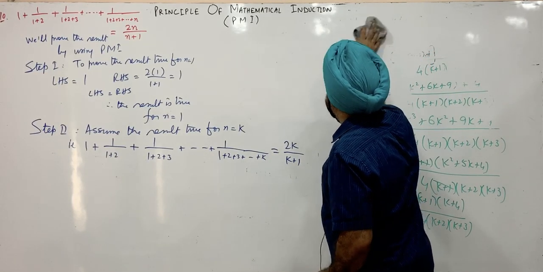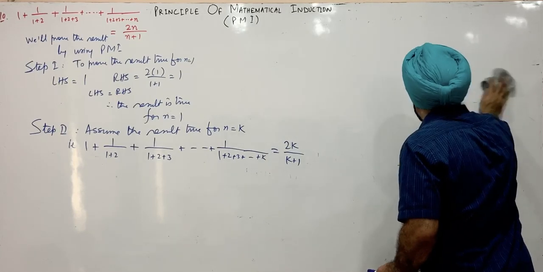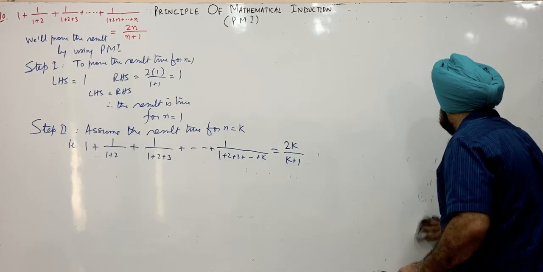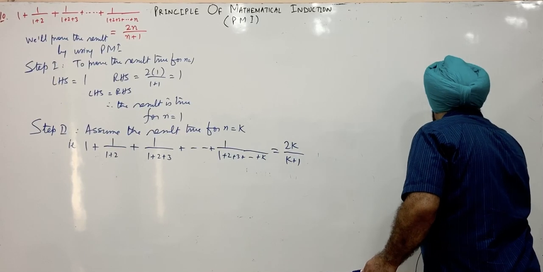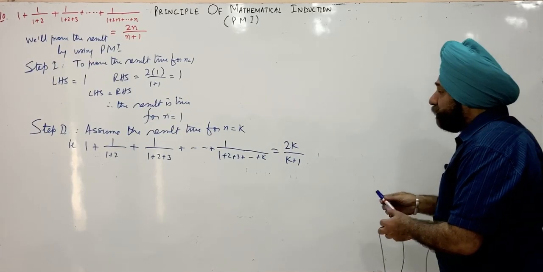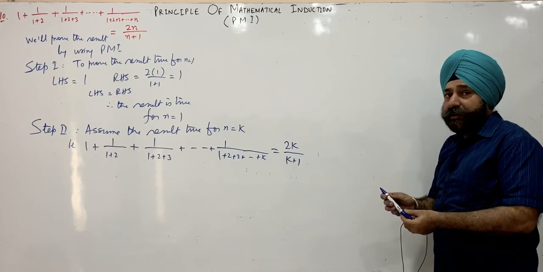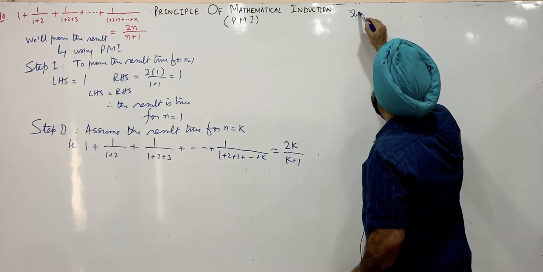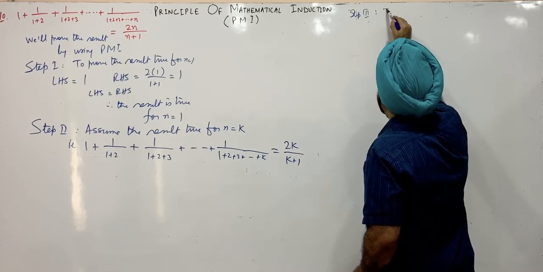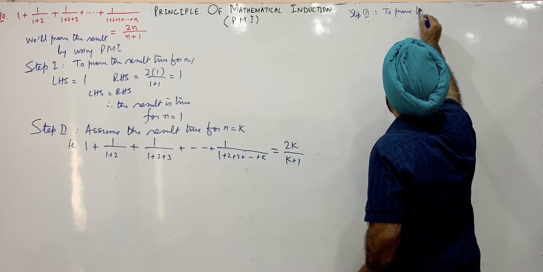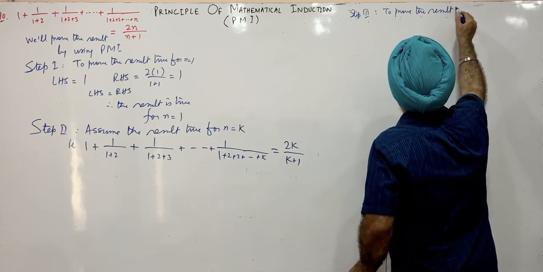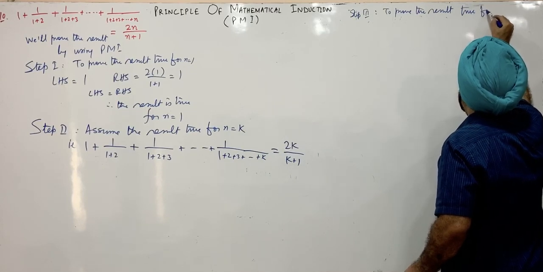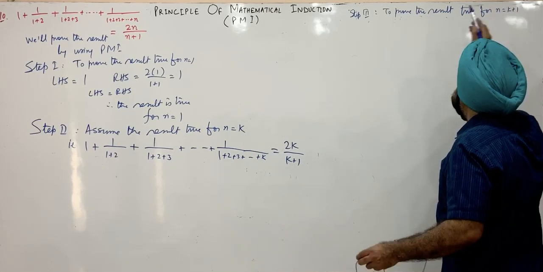Now the third step is we have to prove the result true for n is equal to k plus 1. So step 3 is to prove the result true for n is equal to k plus 1.